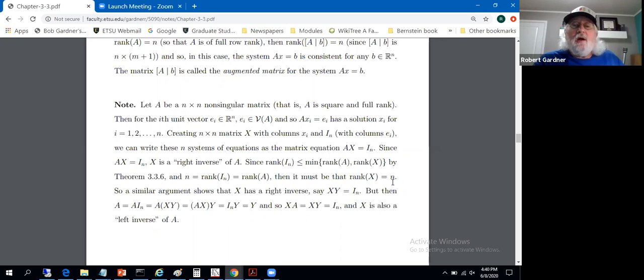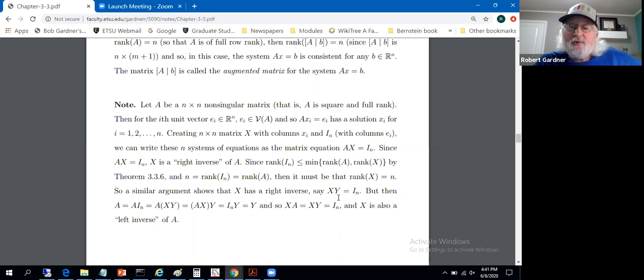We just saw that when we have a full rank matrix, we showed it for matrix A, we can multiply that full rank matrix on the right by some matrix to get the identity. Well, X is a full rank matrix, so we can do that for X. That is, there exists a matrix, let's call it Y, that we can multiply X by on the right to get the identity.